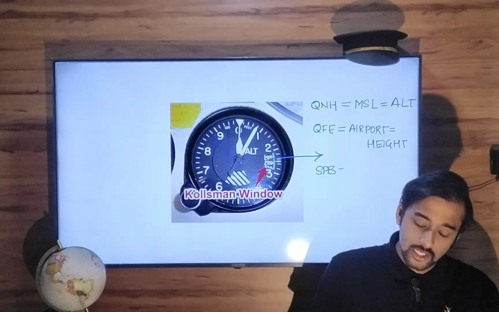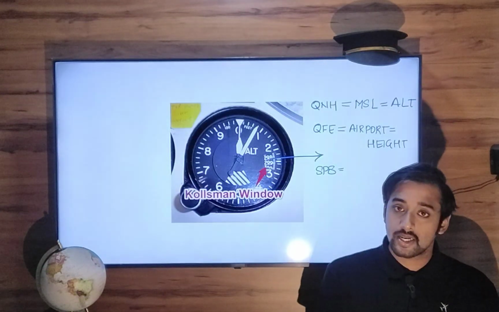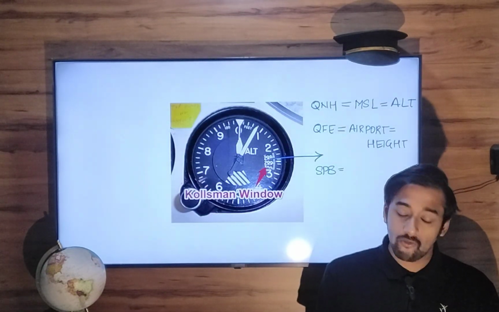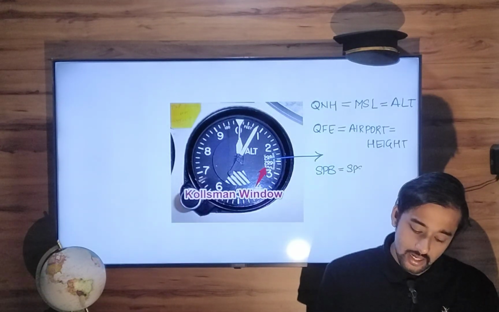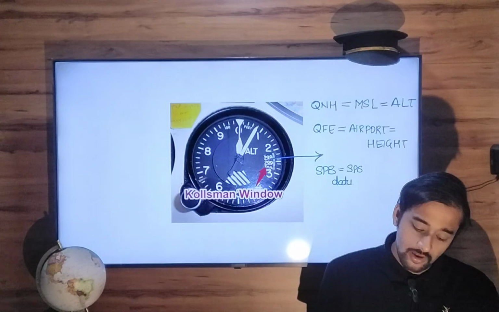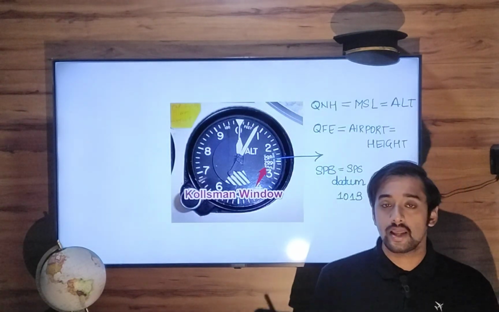When you use standard pressure setting, the vertical distance is measured from the standard pressure datum, which is fixed according to ISA, 1013 millibars.